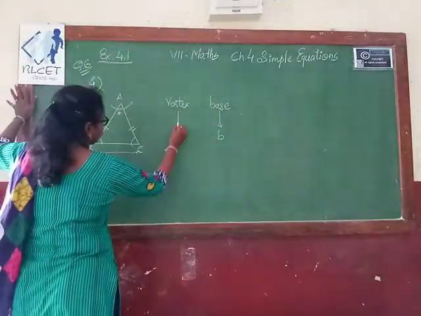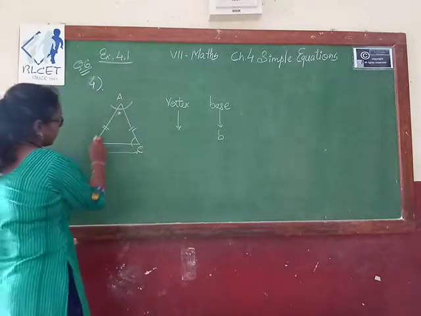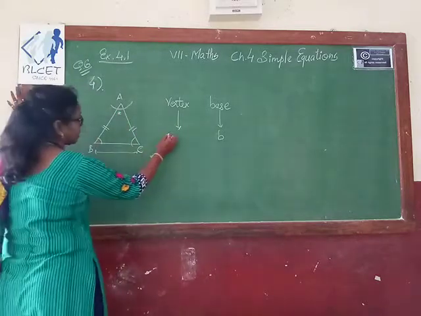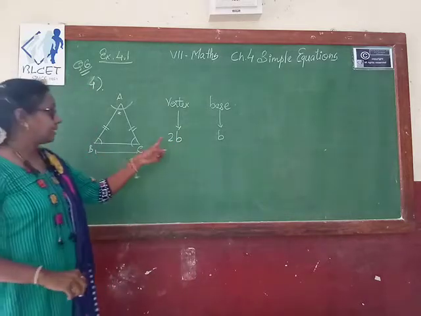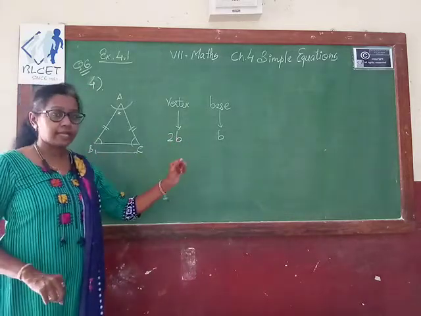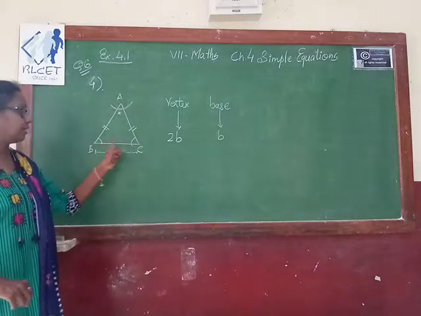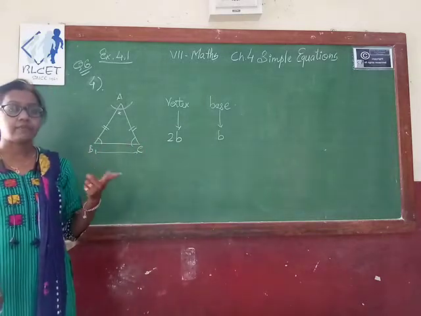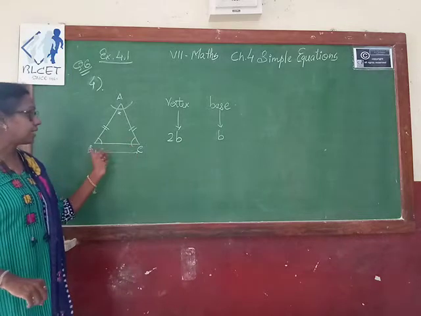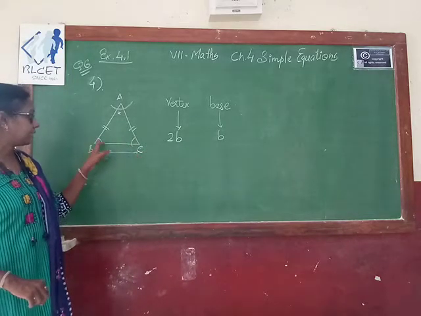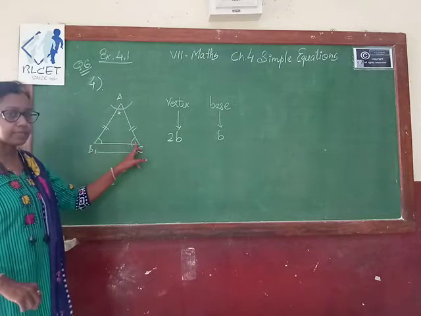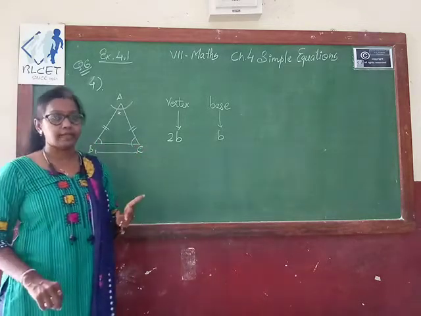So what is the meaning of this? Twice either of the base angles. So this is your 2B. Here we have two base angles, so we can consider anyone, because base angles are equal in measurement. Either we can take this base angle or this base angle, but we cannot take both.